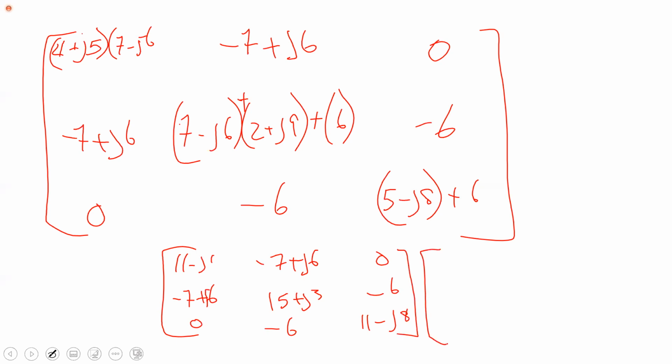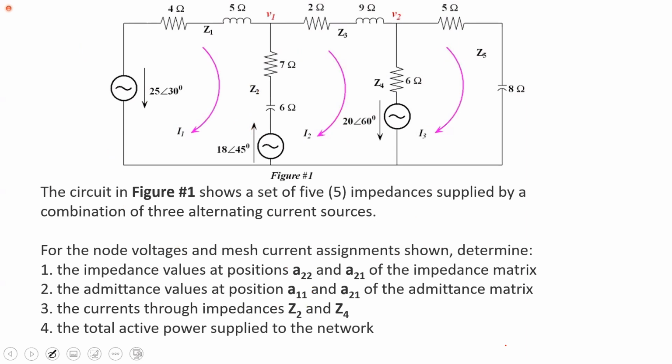For the voltages, all right, so we go back. For mesh 1, we'd have the negative of 25 at angle 30, and also the negative of 18 at 45, because of course we're going in this direction, which means that we'll be coming down.